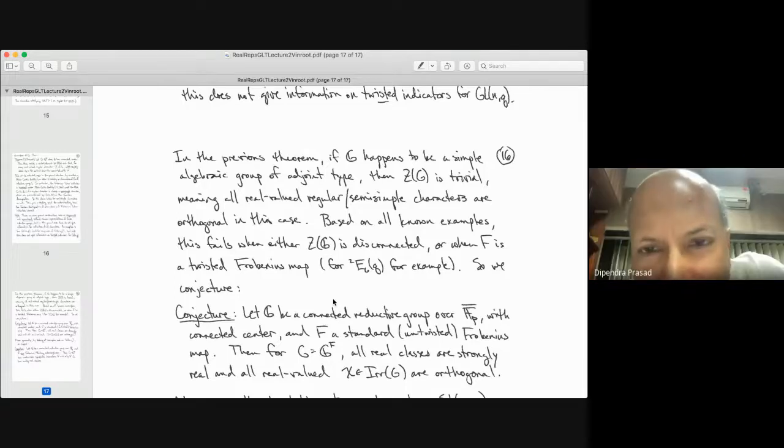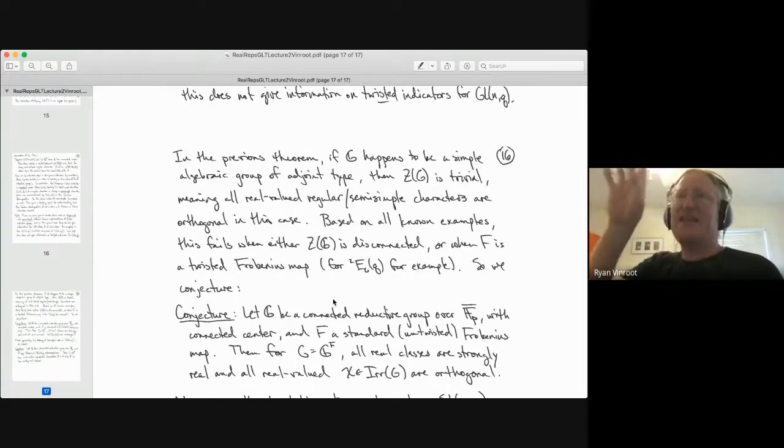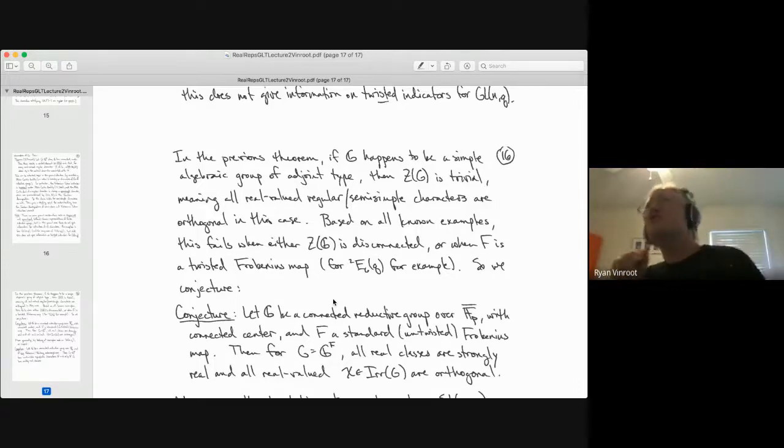I mean, I was proposing this also for E6. Yes, that's right. Now for standard E6, I do believe that if you tack on a connected center and then throw in the graph automorphism, this thing should be totally orthogonal. But for the twisted E6, the twists make things funny. So what happens with the unitary group: the twisted indicators corresponding to the inverse transpose are still all 1 for the unitary group.